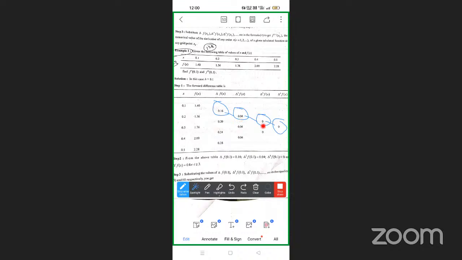Delta cube is 0. Delta power 4 is also 0. In the backward process it would be 0.28, 0.04, 0, 0. So that is the backward process, but here we use the forward process values: delta, delta square, delta cube, delta power 4.